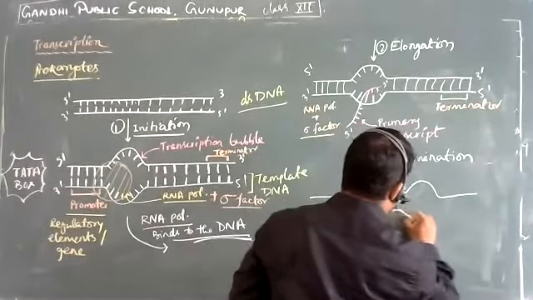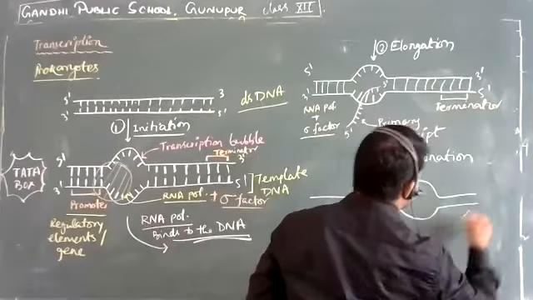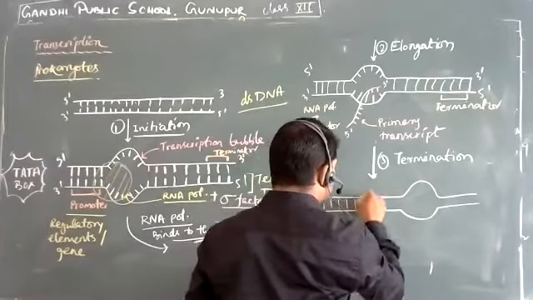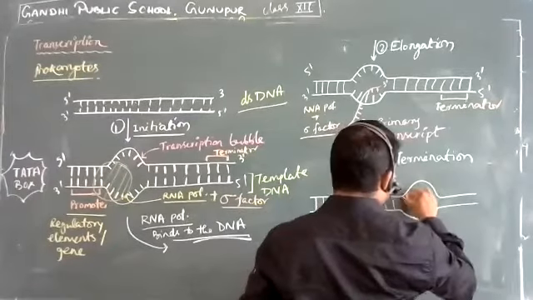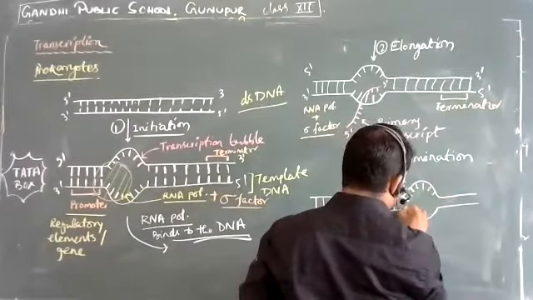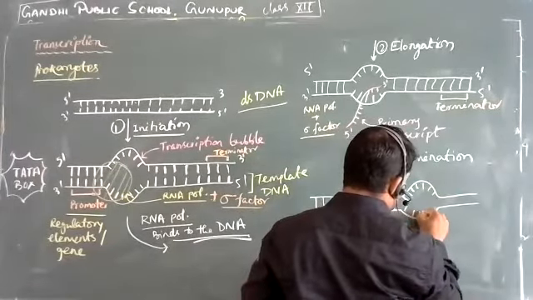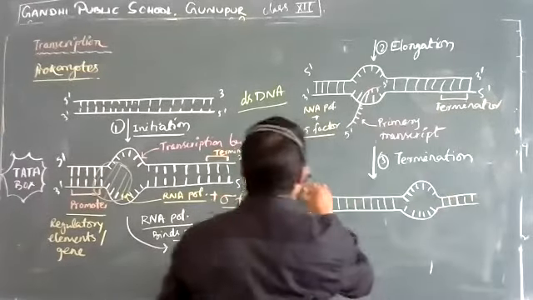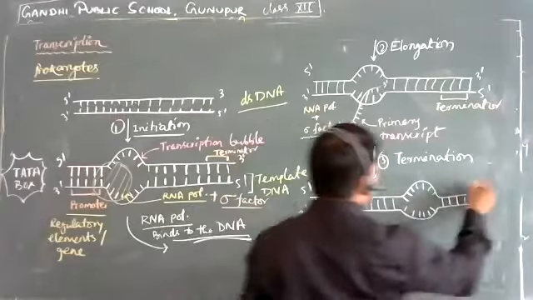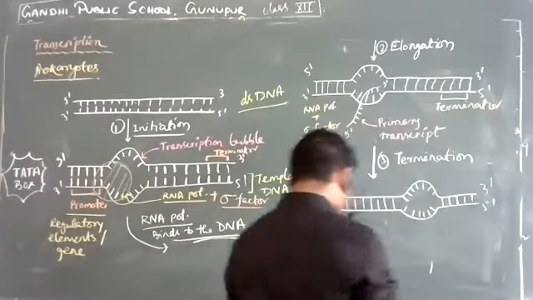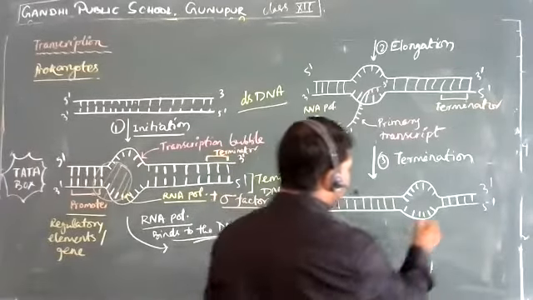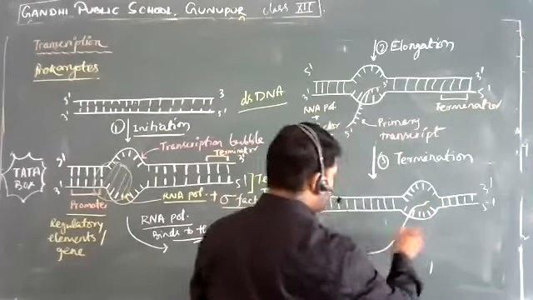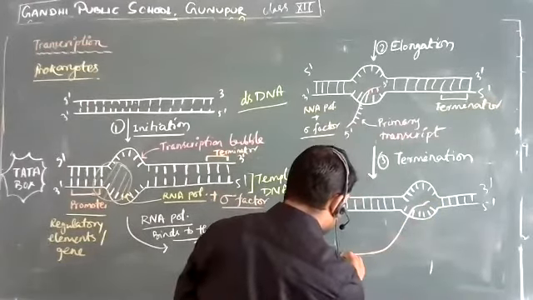As long as it is going and not encountering any sort of termination sequence, the process of polymerization continues. So it is 5 prime, 3 prime, 3 prime, 5 prime. As I said, the polymerization continues, so it is going to be a longer sequence.